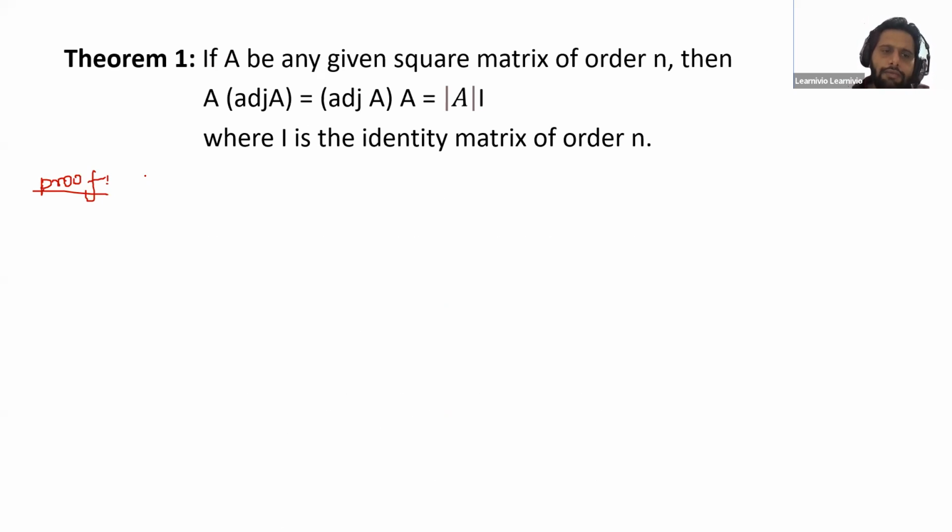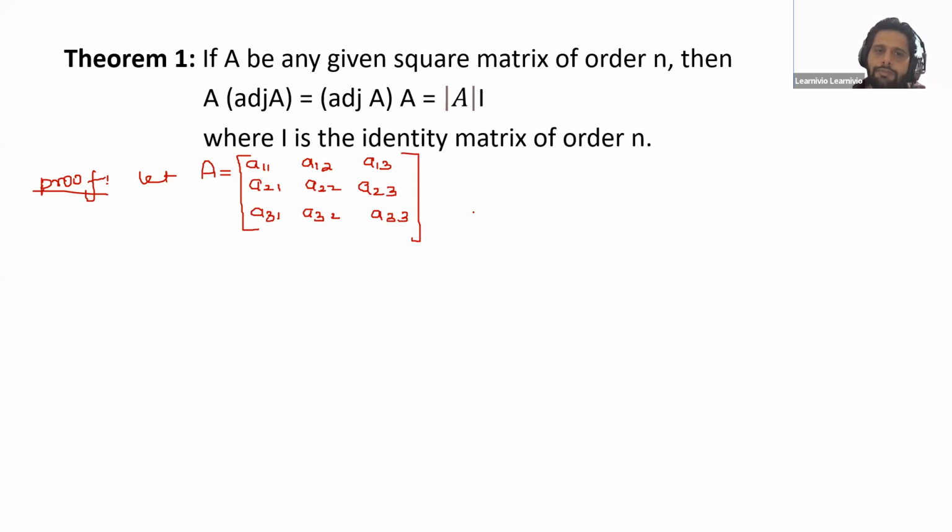First of all, assume that A is a matrix and these are the elements: A11, A12, A13, A21, A22, A23, A31, A32, and A33. Suppose this is the matrix.